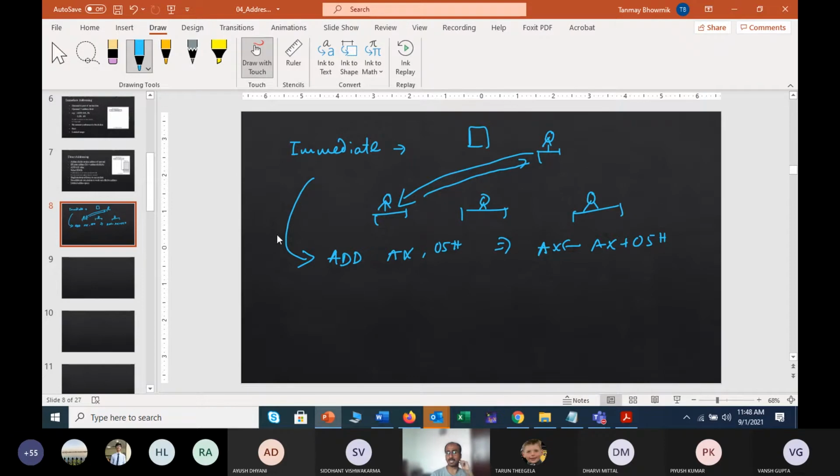Now what we observed in case of direct addressing is that you are using one memory reference. Everything depends on the mode.